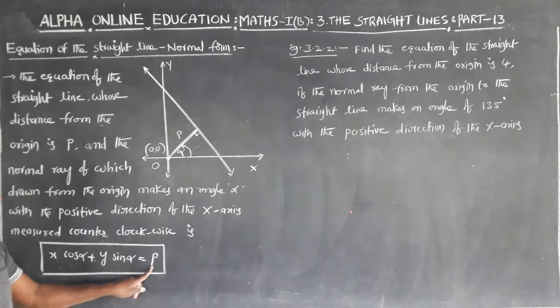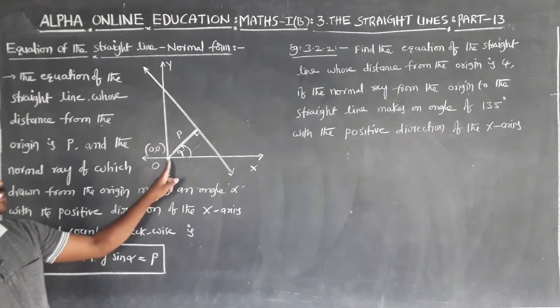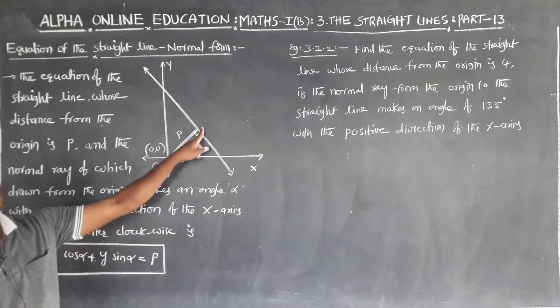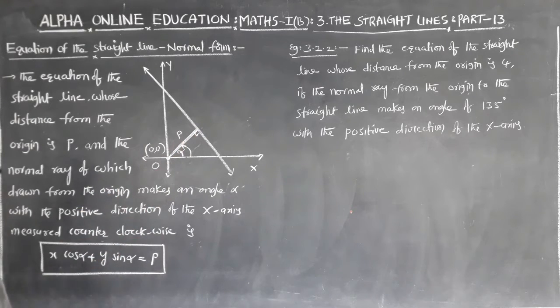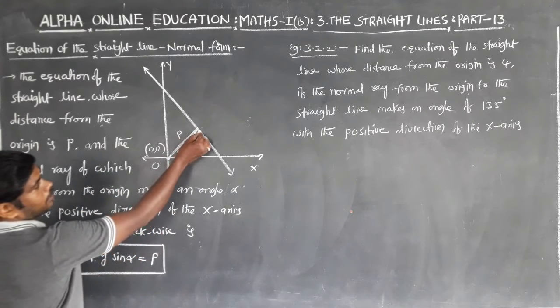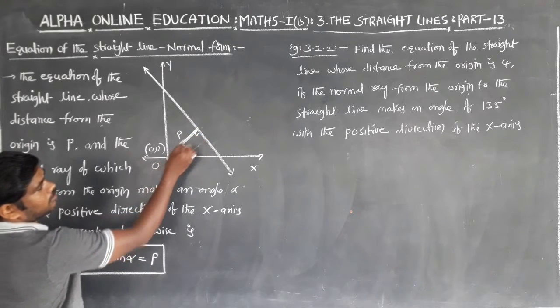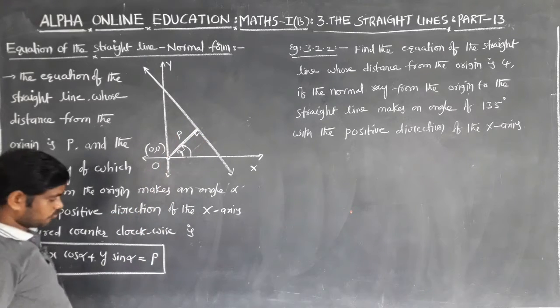Here P is the perpendicular distance from the origin to the line.